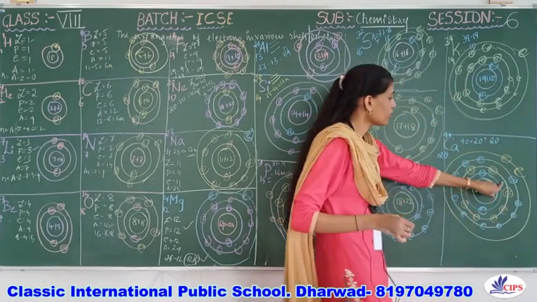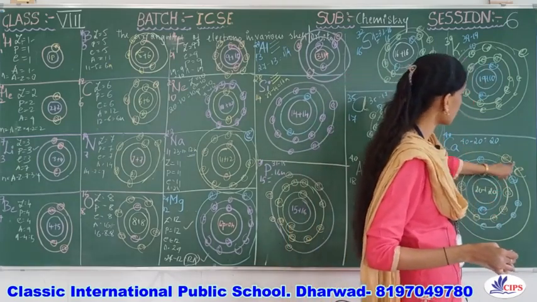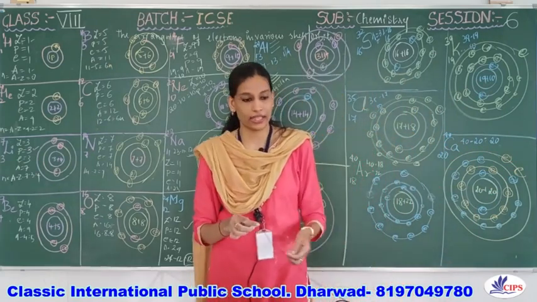So 2 plus 8 is 10, plus 8, all together it is 20 electrons.